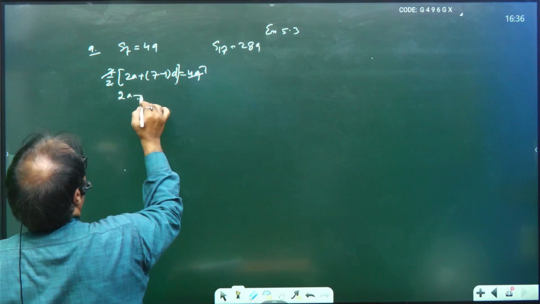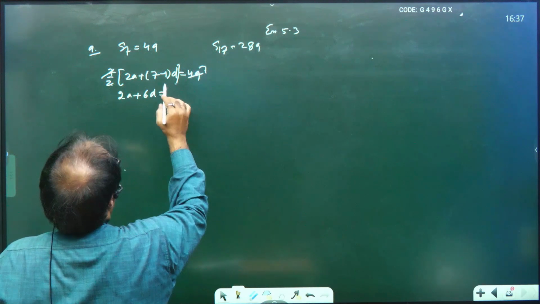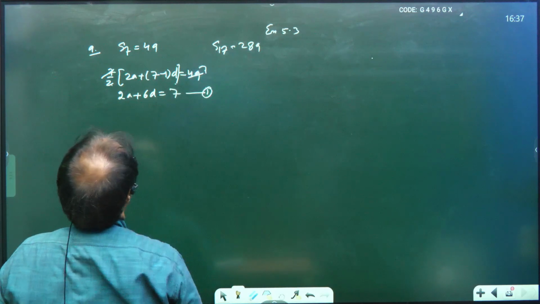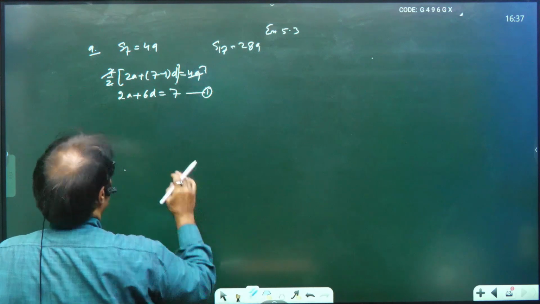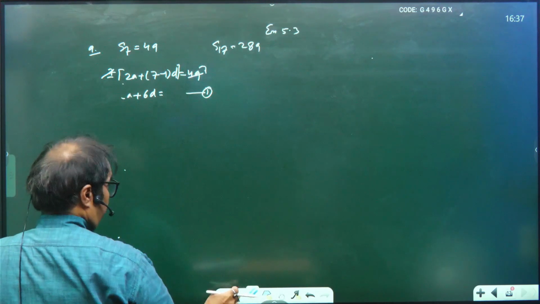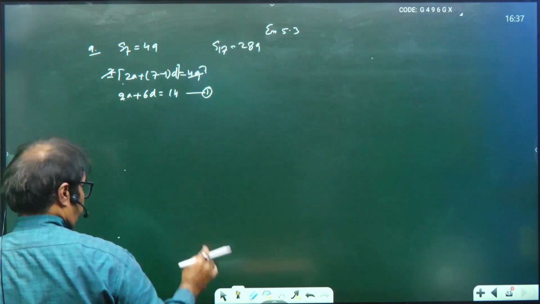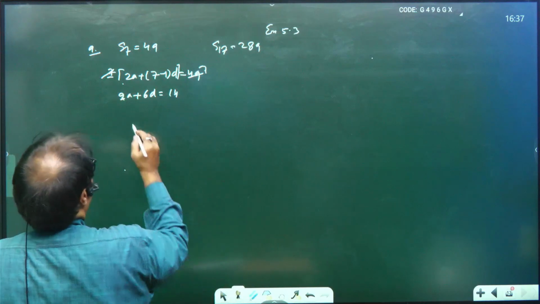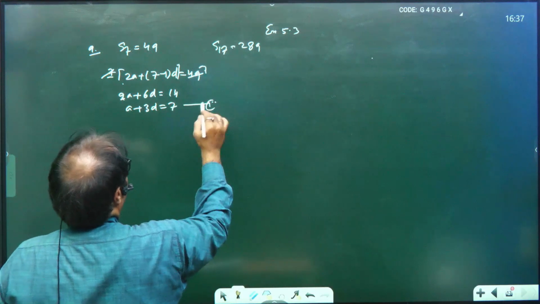So 2a plus 6d is equal to 14, by cross multiplication. Now divide by 2 to make it simple. So a plus 3d is equal to 7. Put it as relation number 1.